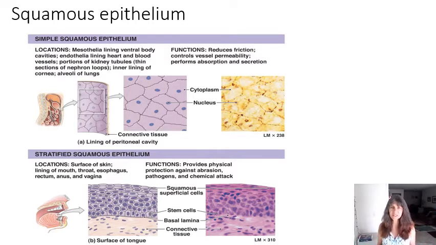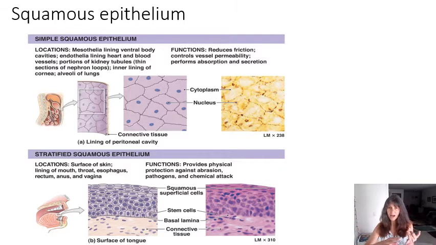What is the function of this? Well, with one thin layer of flat cells, that helps to allow for diffusion to occur easily. So we have diffusion of substances as well as reducing friction, because we know that this is going to be found in the mesothelium, the membranes lining the ventral body cavity.